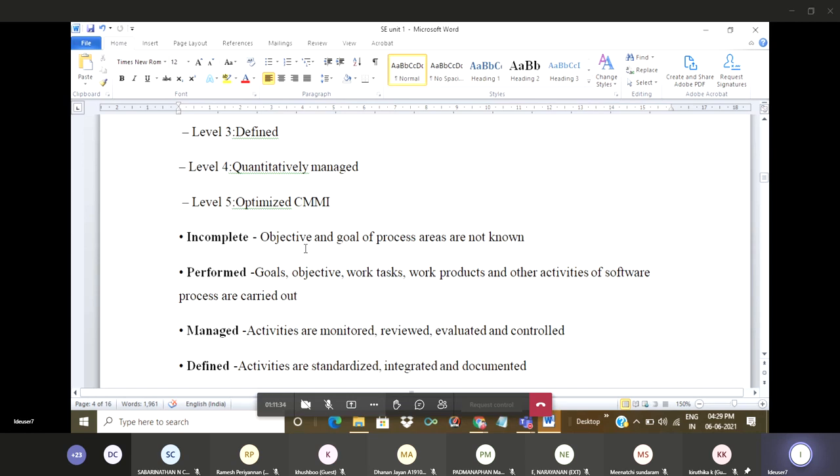Second one is performed. In level 2, goals and objectives are well known in advance. So goals, objectives, work tasks, work products, and other activities of the software process are carried out because we know about all these things. We have goals, we have objectives, what kind of work we are going to do, and what products we will make, we know in the beginning of the project. So it can be performed.